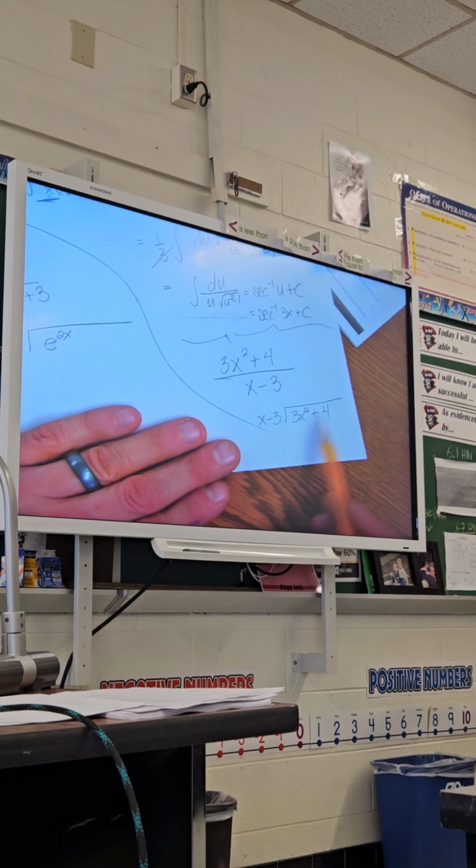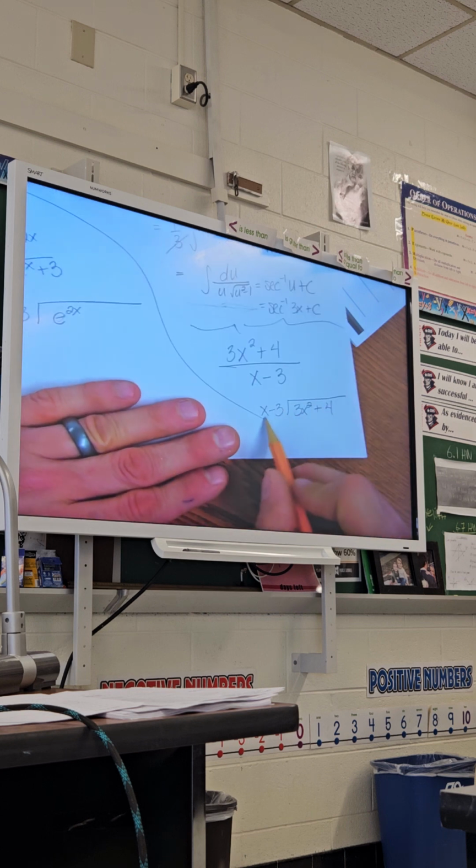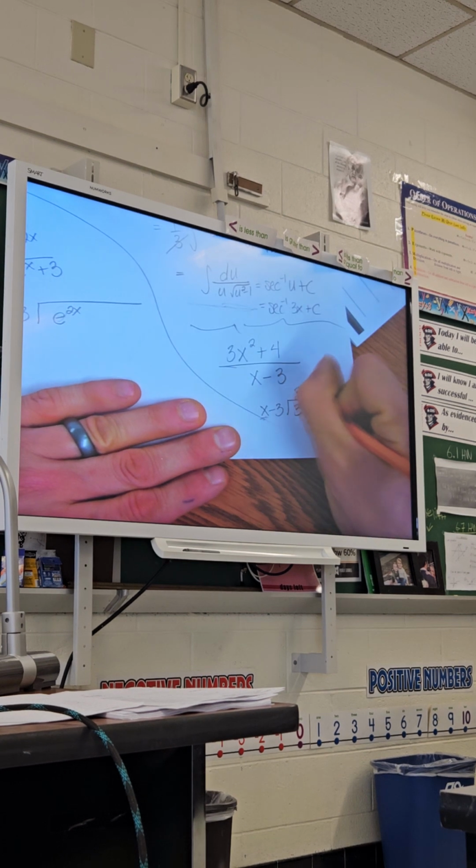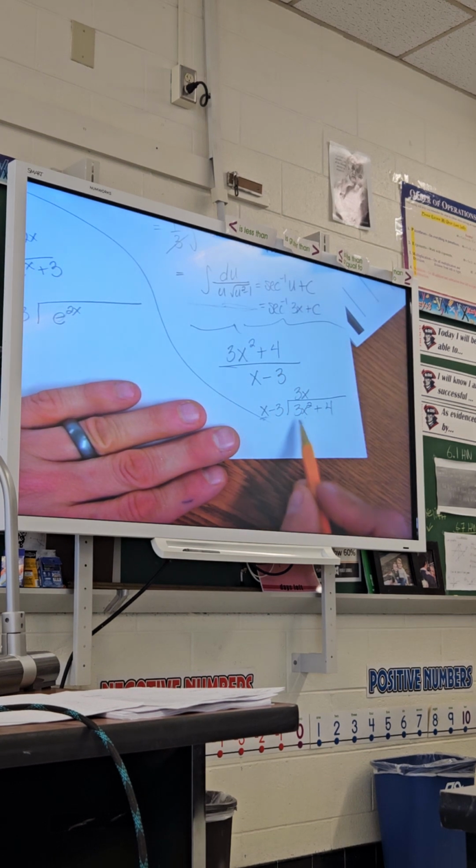This is not going to work out though. You're supposed to put a placeholder in here. Let me show you why. I need to look at what I can multiply x by that gives me 3x squared. That's 3x. It's the same thing as taking these two things and dividing them.